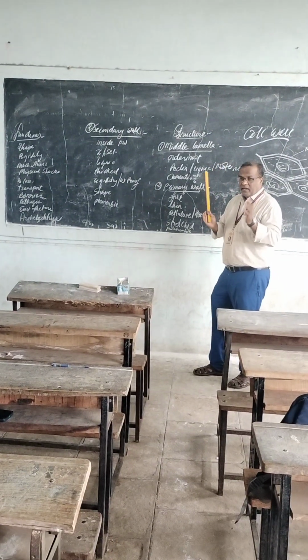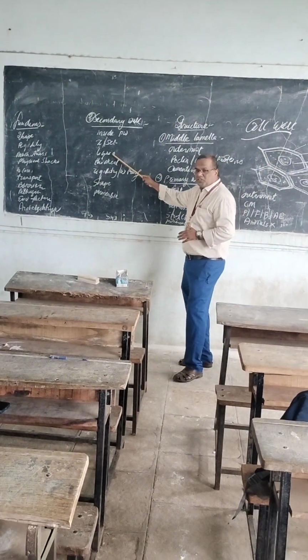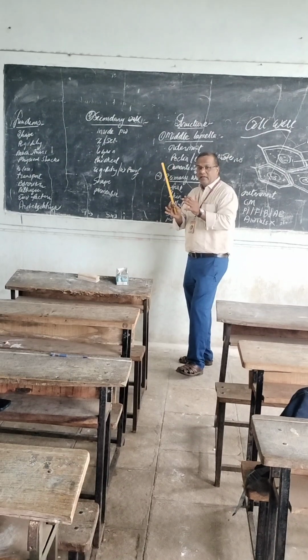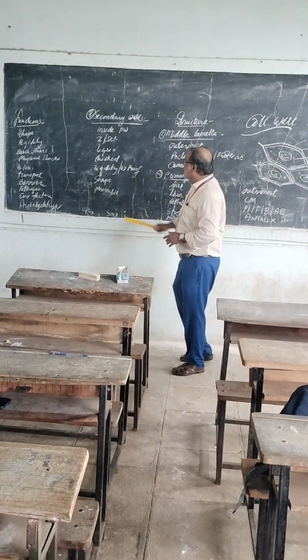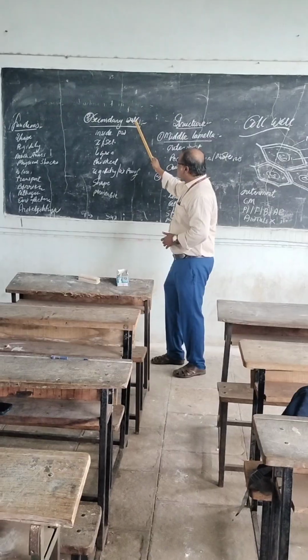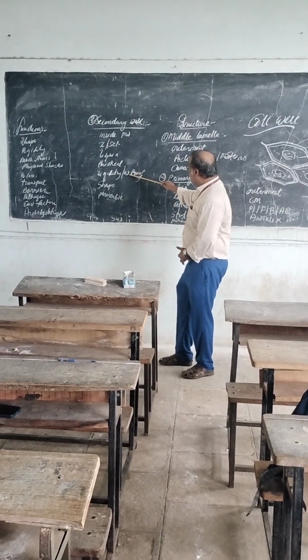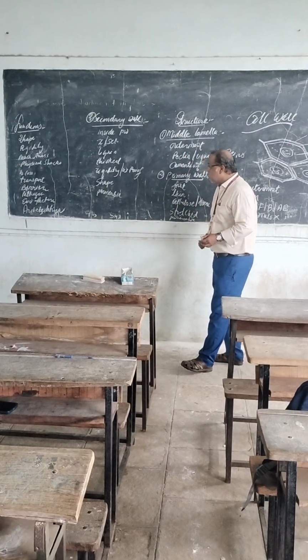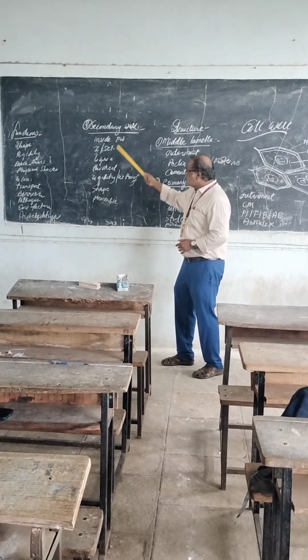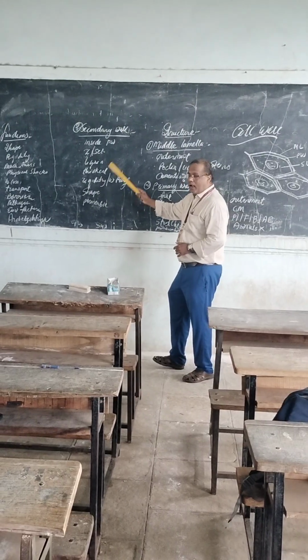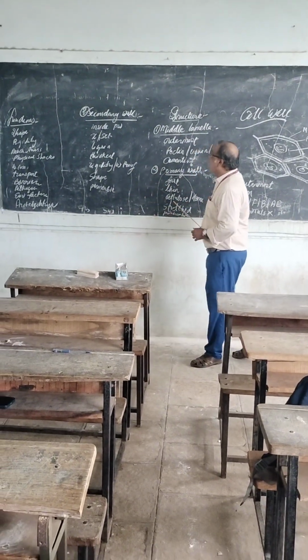It is the thickest layer because of deposition of a chemical known as lignin. Lignin gets deposited and the cell wall becomes thickest. As it is thick, it gives rigidity and it is used for waterproofing of the cell. It determines the shape of the cell and it is also a permeable layer.